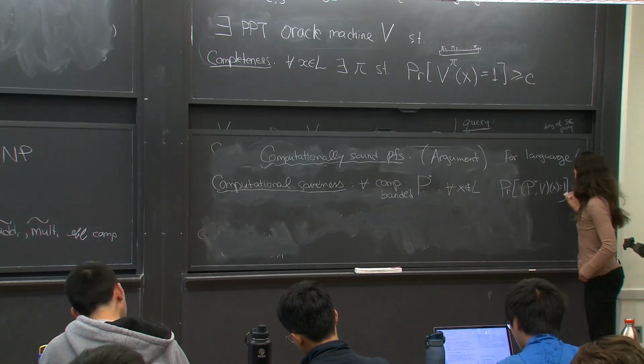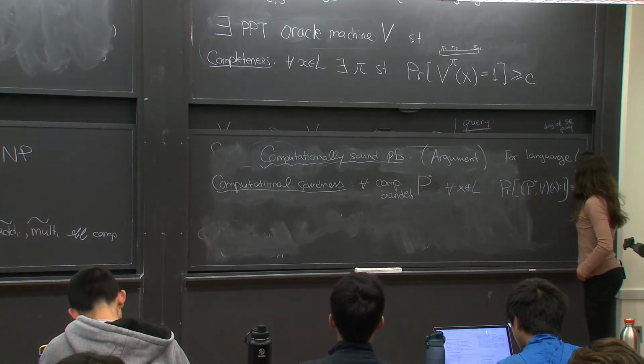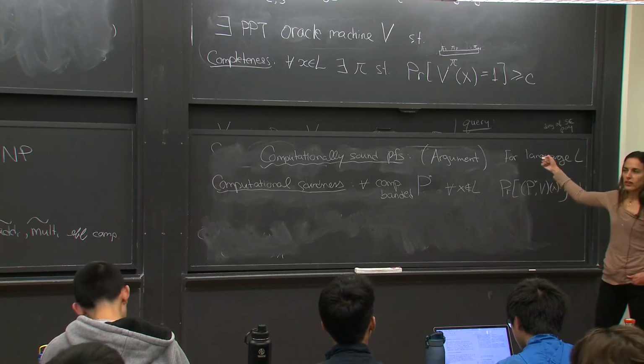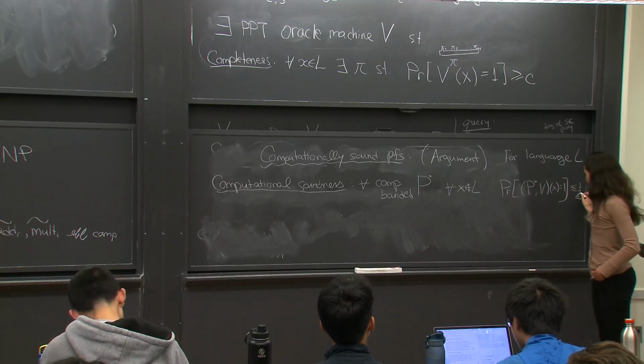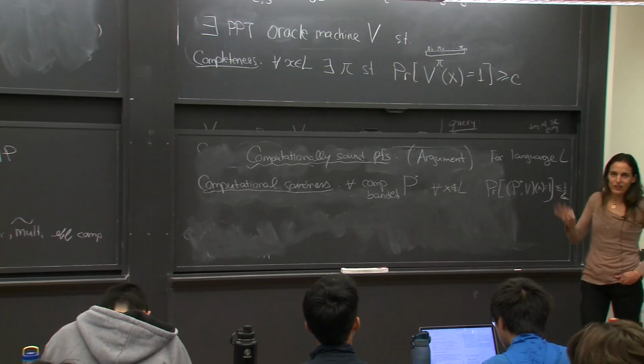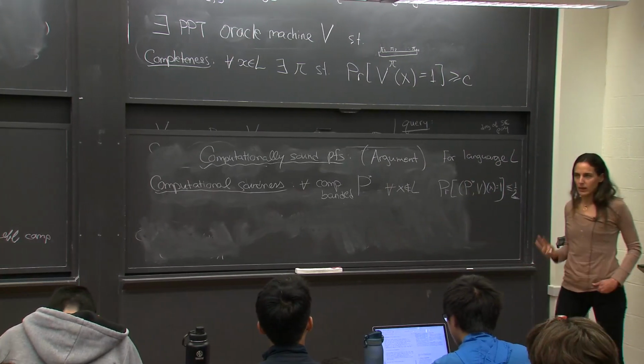Let's say smaller than half, whatever. Usually in the language of arguments, we convert this constant to negligible and non-negligible. We'll talk about that in a minute.